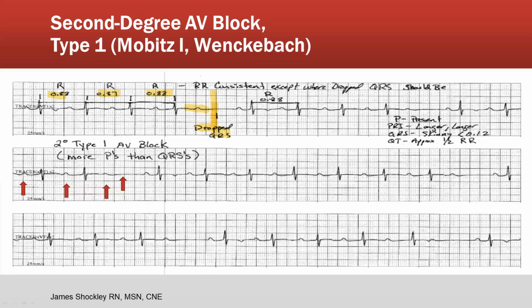And then it picks up again, and you start to see issues in the R to R as it's moving along. And then finally, I have another dropped QRS. So this client's heart rate is somewhere in the 50s, 60s range.